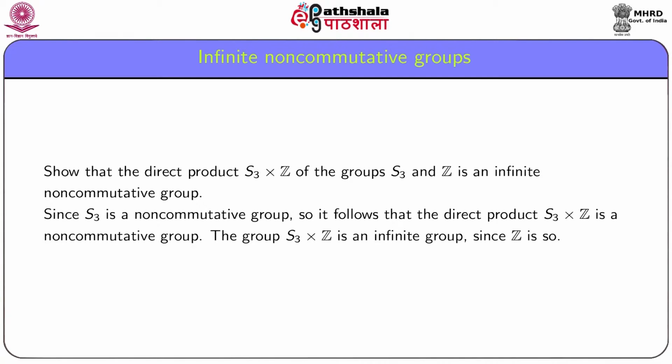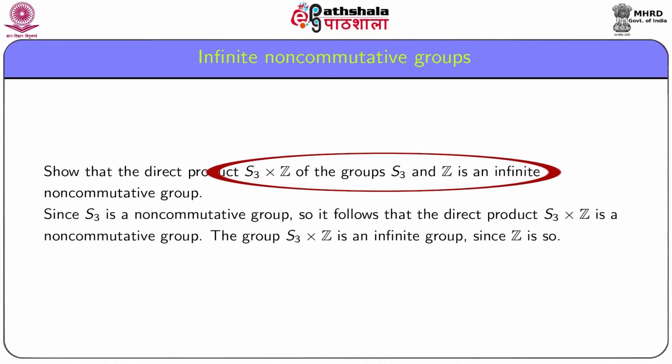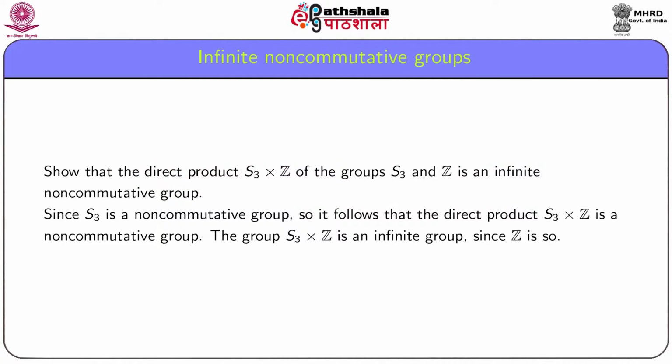And if further you are asked to give another example, then you will try to give a subgroup of this group. Here I will construct an example of an infinite non-commutative group with the help of our known groups Z and S3.